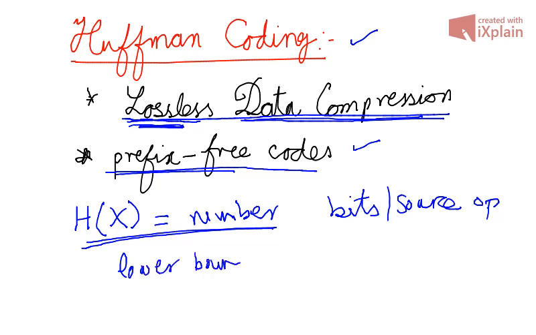It is the lower bound for any compression technique, which means that if you apply some data compression technique, you would get some bits per source output.